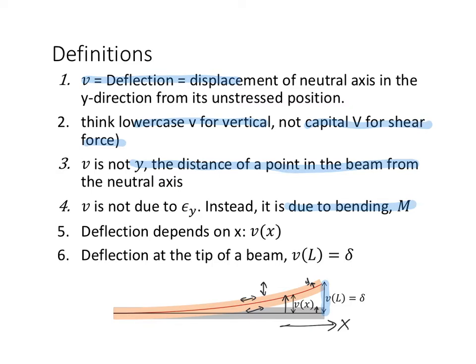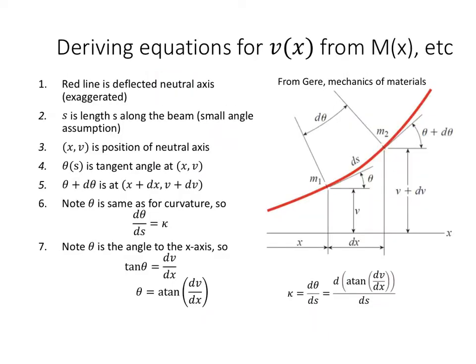And then at the tip of the beam, the deflection at the position L we may refer to as delta. So we want to derive equations for v of x, the deflection, from the bending moment.